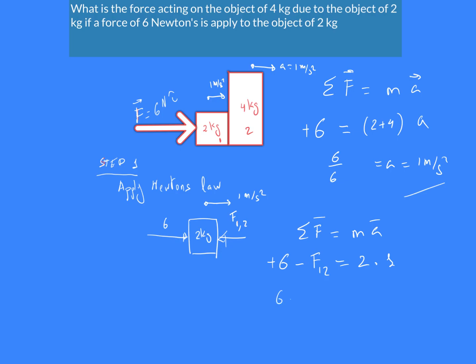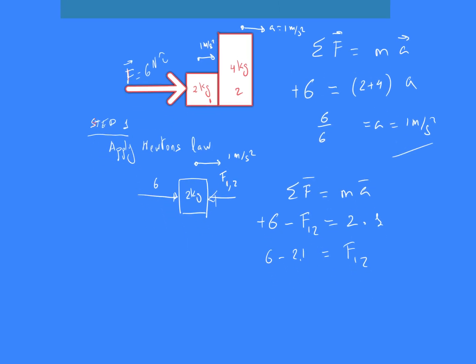So 6 minus 2 times 1 is F12. So F12, the force acting on 1 due to 2, has a magnitude of 4, but it's going to the left.